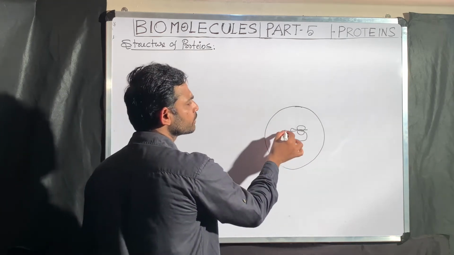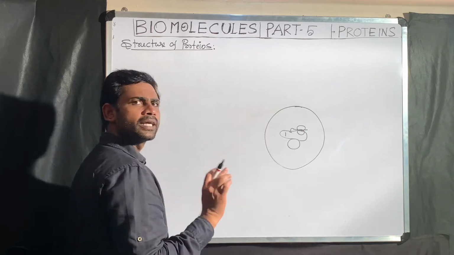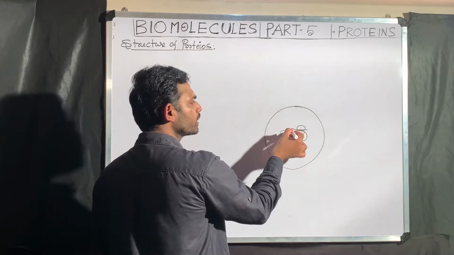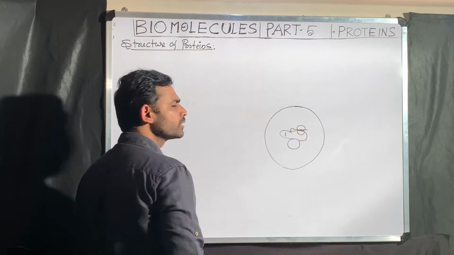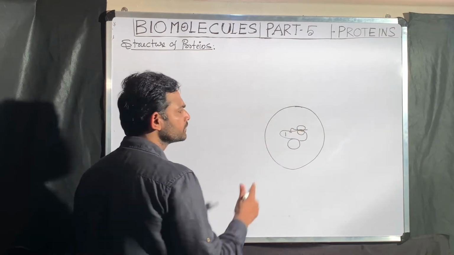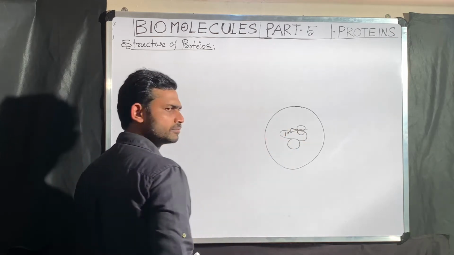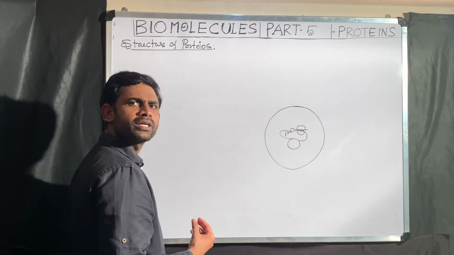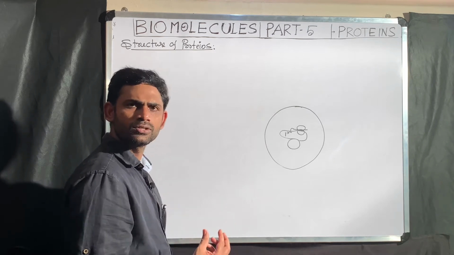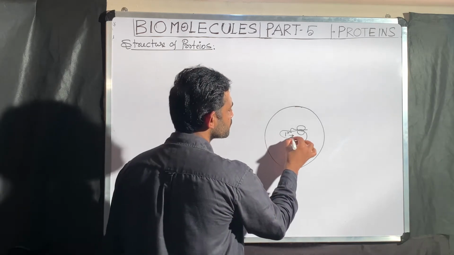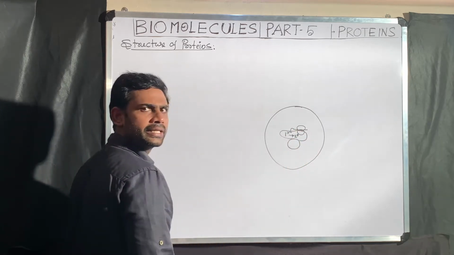The synthesized protein never enters into the cytoplasm directly. Once that protein is synthesized and released into the lumen of the endoplasmic reticulum, the resulting structure is called a primary structure.